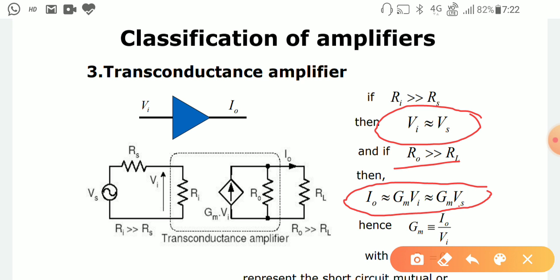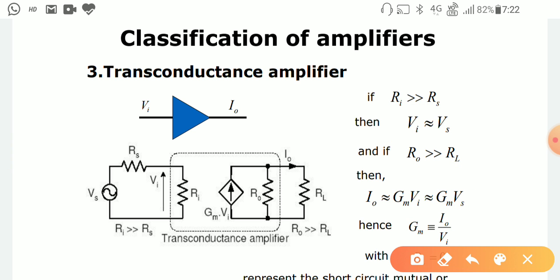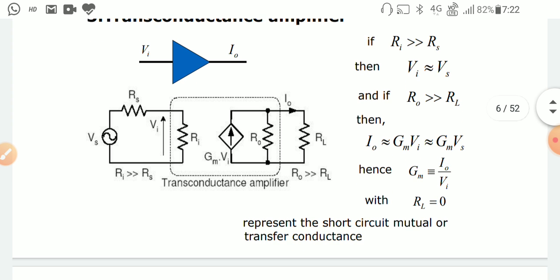So on the output side you consider the current as I0, and on the input side it is considered as V of I. So ultimately Gm will be equal to I0 by V of I, and the condition at that time will be RL equal to 0. So it represents the short circuit mutual or transfer conductance.